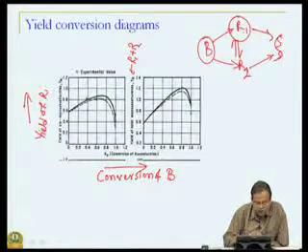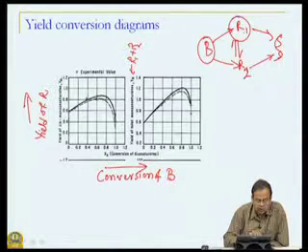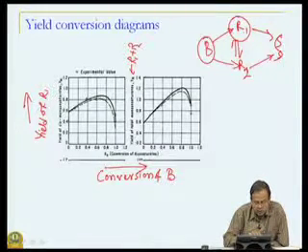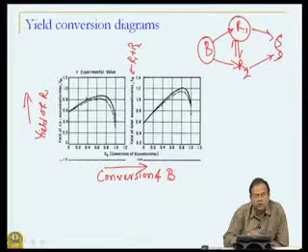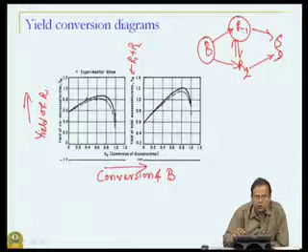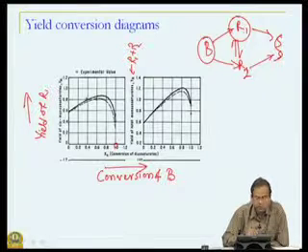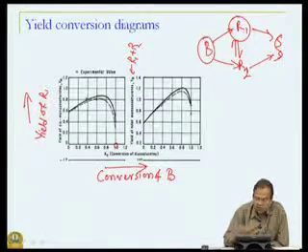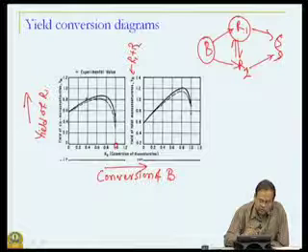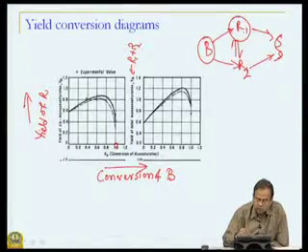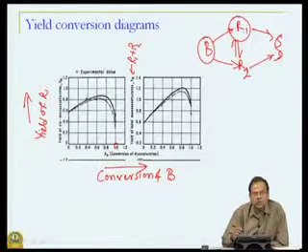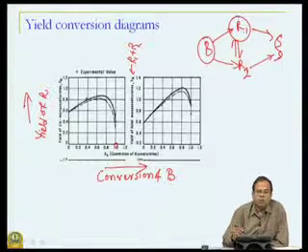As conversion increases, initially the yield increases, okay, because more and more of B goes to R1. But if we wait long enough for entire conversion of B, that is, if we go to this point, we see that the yields start decreasing, and that is not what we want.